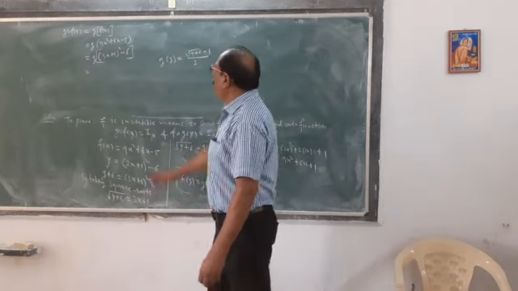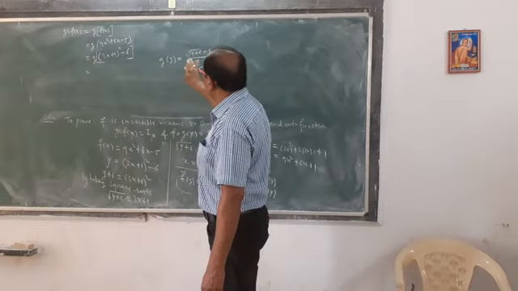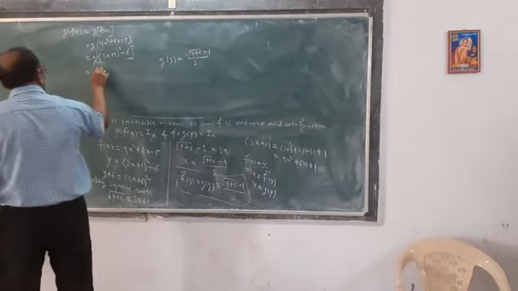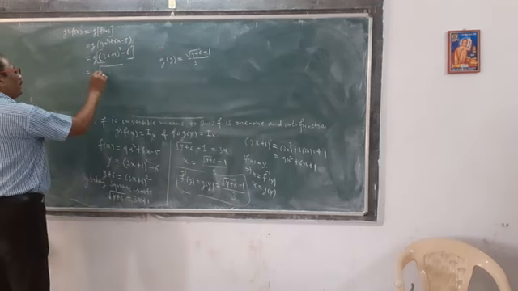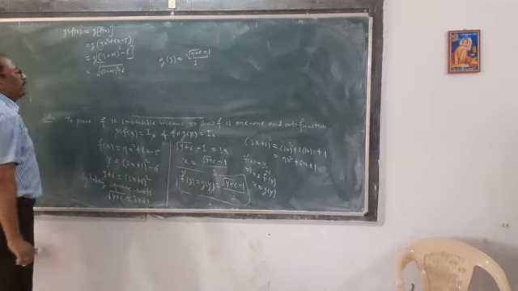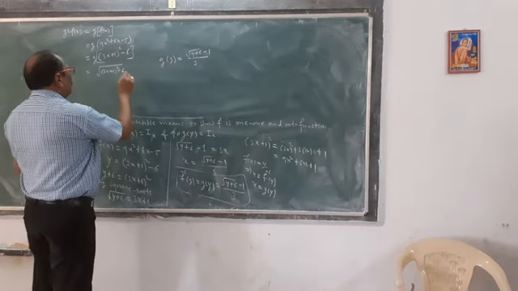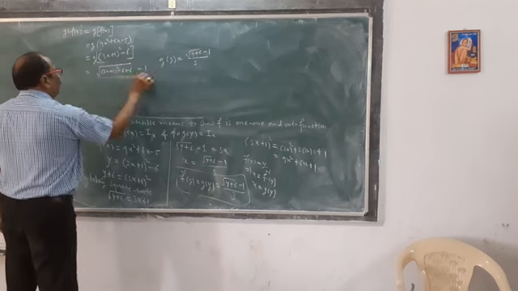Then in g of y, you consider it as y. G of y is equal to square root of y plus 6 minus 1 upon 3, where y is 3x plus 1 whole square minus 6. Then plus 6, it is under root, then minus 1 upon 3.